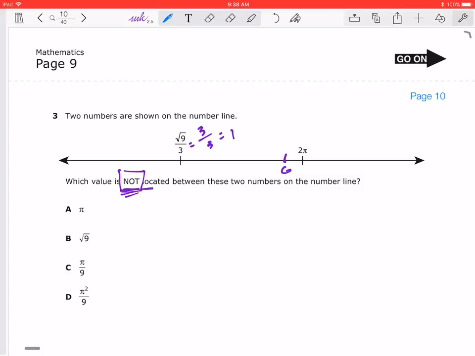So, answer 1 is pi. Well, that's approximately 3.14. That is true. It falls in between 1 and 6. The square root of 9, that's a real number, and that's going to give us 3. That's true.